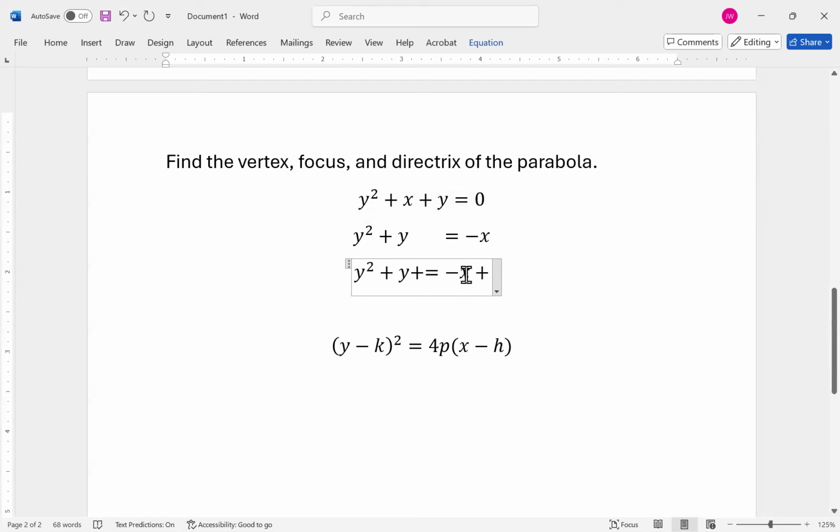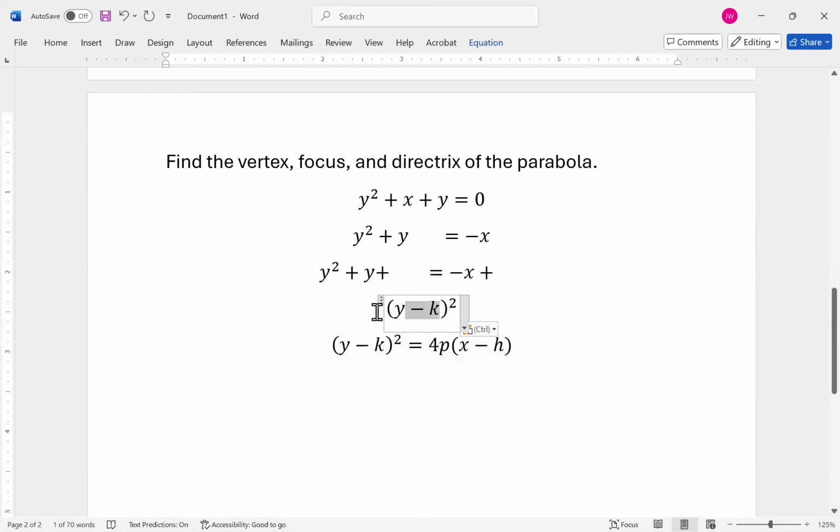I see what's going on. So that value we'll just leave blank for right now. I know I want this y minus k squared on the left-hand side. Now, the minus is not the key component. You can do a y plus something squared, and then we know that something is negative.